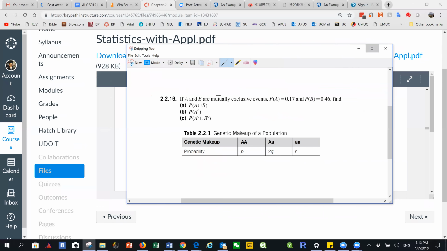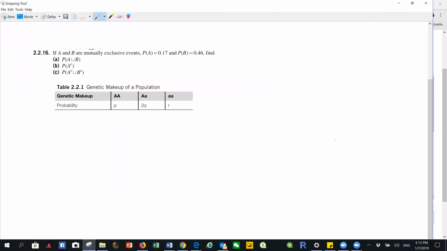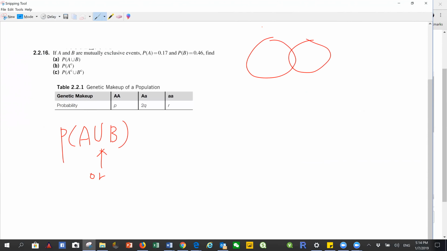Okay, no problem. All right, so for solving this question, you are to find the probability of A union B, that's A or B. A or B means this part is A and B, and this is "and".